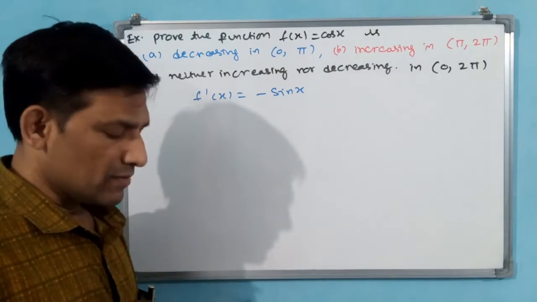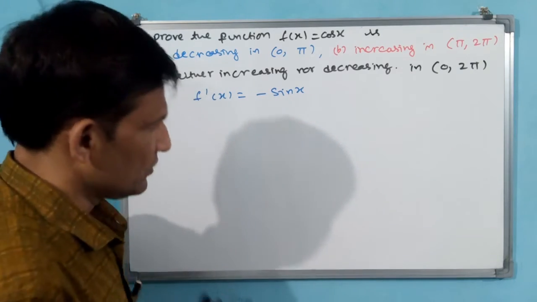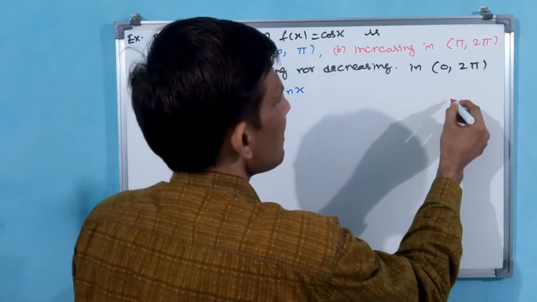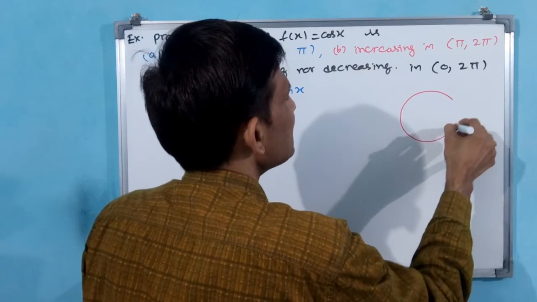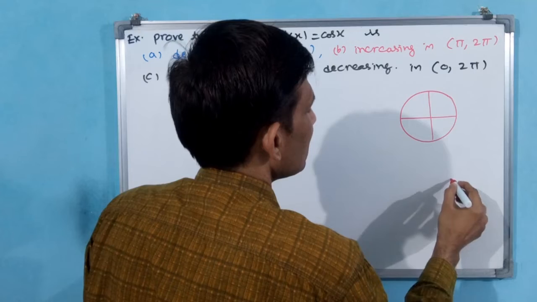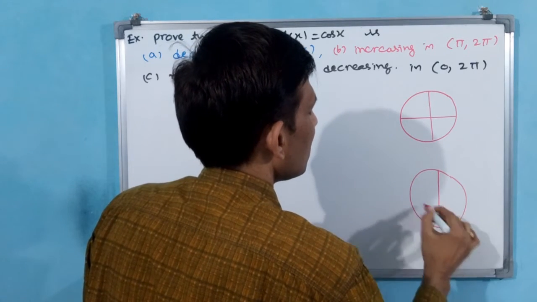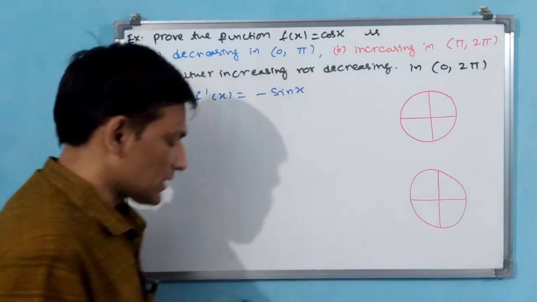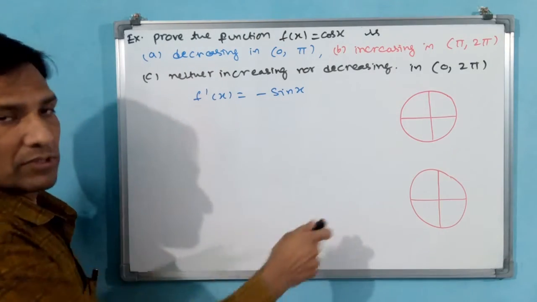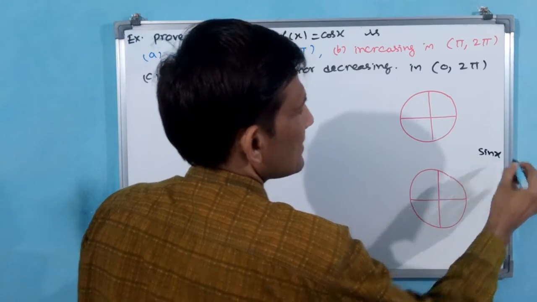Here two circle diagrams I am drawing, one with values, one with angles. Angles we know, we need not draw, but even though I am drawing. These two circle diagrams are for sin theta only, sin x. I am writing here sin x.